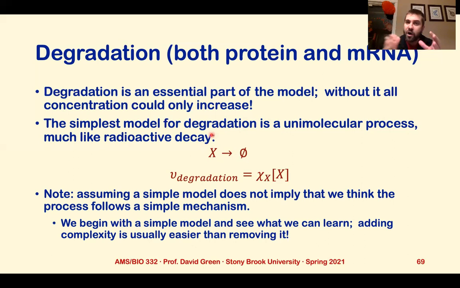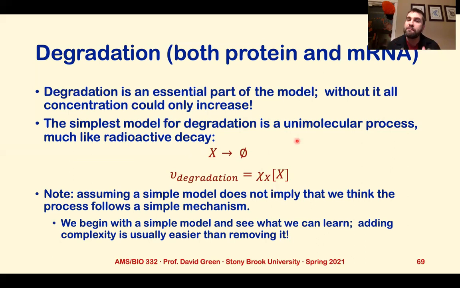Writing down how our model would treat this, our degradation just makes our protein disappear, makes our mRNA disappear. The rate of this reaction is simply proportional to the concentration of this. This is a model that comes from each molecule having an equal random chance of degrading. And so the overall rate of degradation, if you have more material, more of it will degrade. If you have less material, less of it will degrade, is basically the idea behind this.